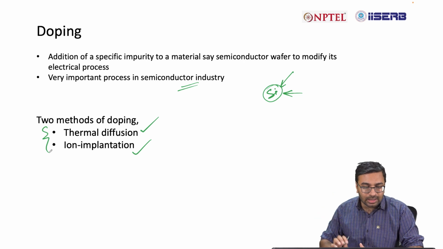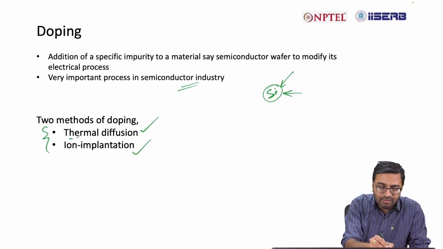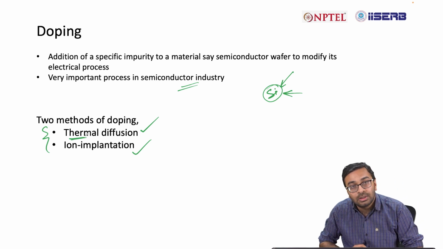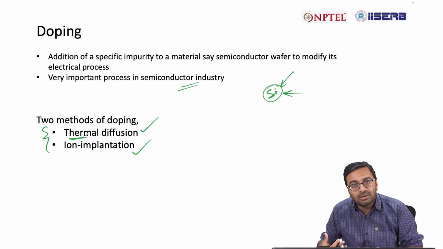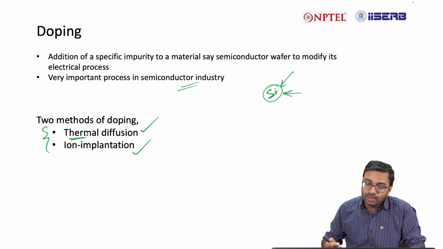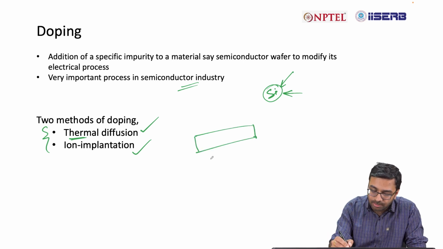And in case of thermal diffusion, from the name itself, it is very evident that you use temperature or heat energy in order to dope a semiconductor or any material for that matter. So what you do is you take the semiconductor substrate, and then the dopant molecules are there.